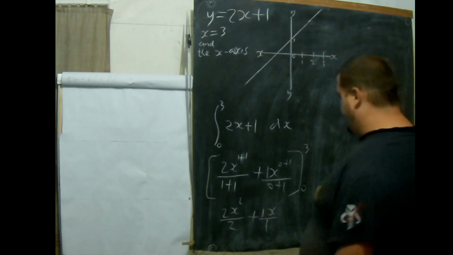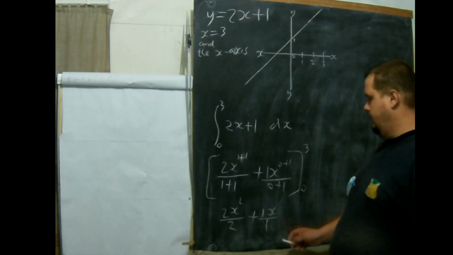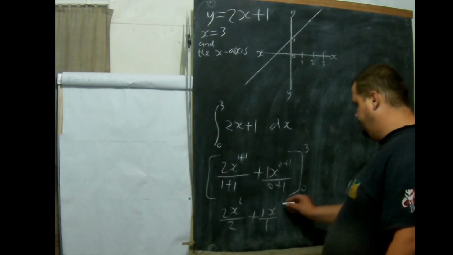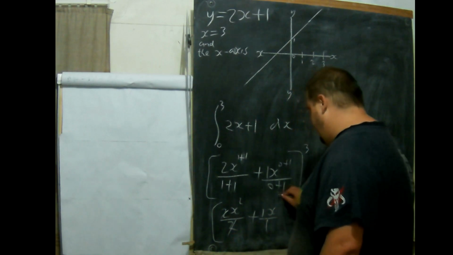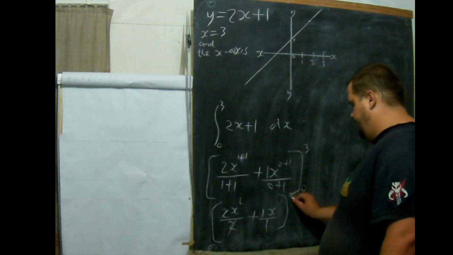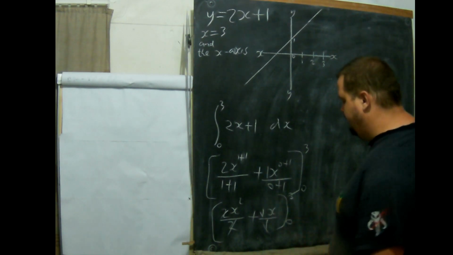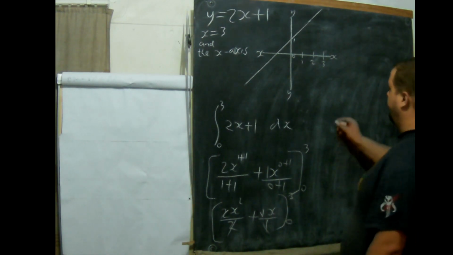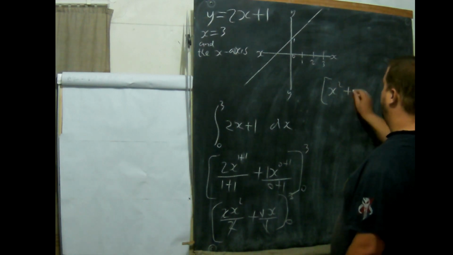Anything over 1 is just itself. And 2 cancels with 2, and 1 over 1 cancels. So we are left with x squared plus x, between 3 and 0.